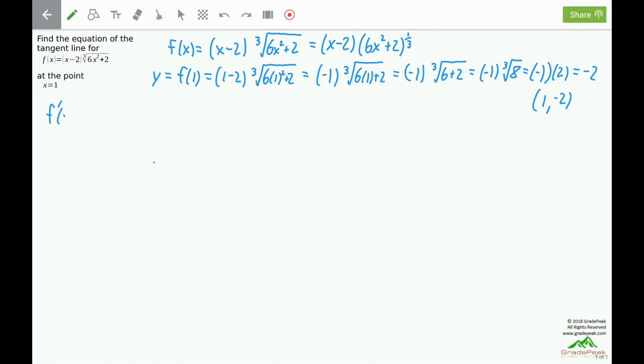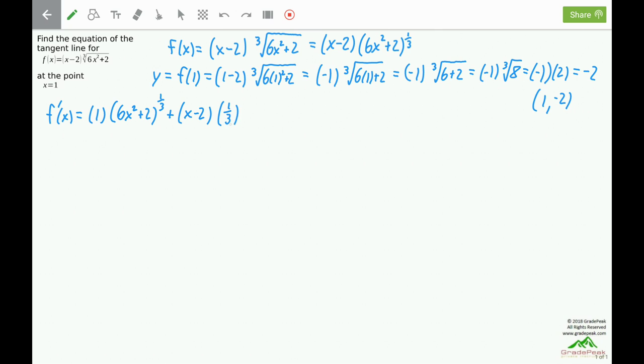f prime of x will be the derivative of the first function, which will just be a 1, times the second function left alone, so 6x squared plus 2 to the 1/3 power, plus the first function left alone, so x minus 2, times the derivative of the second function.